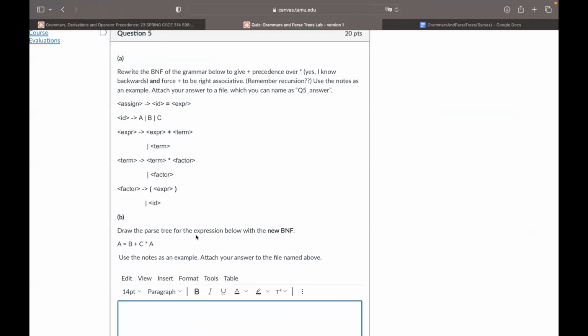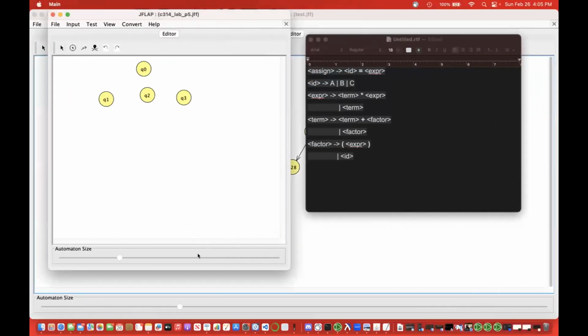B plus C times A. Okay, so we want plus at the top here. Okay, so expression goes to that, or term goes to that plus factor. So this will become our B. I can just start with that here.